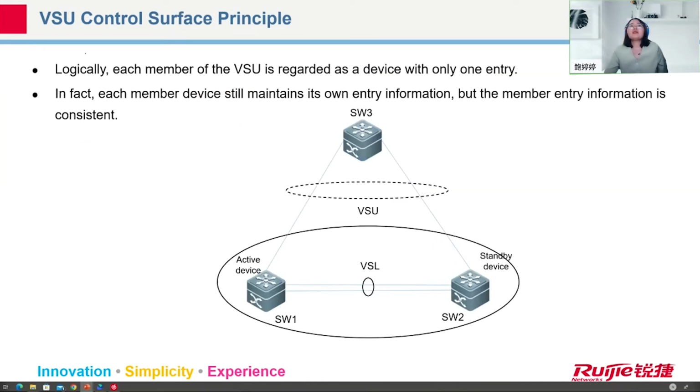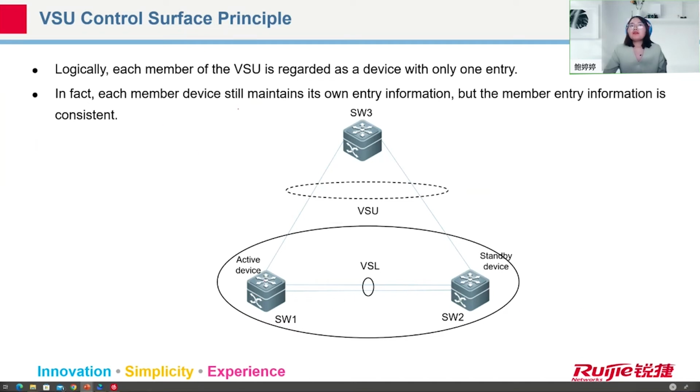And about the VSU control principle, logically, each member of the VSU is regarded as a device with only one entry. For example, for switch 3, I will think I only connect with one device. This is a logical device because we already use the VSU. But in this topology, we have 2 devices, right?